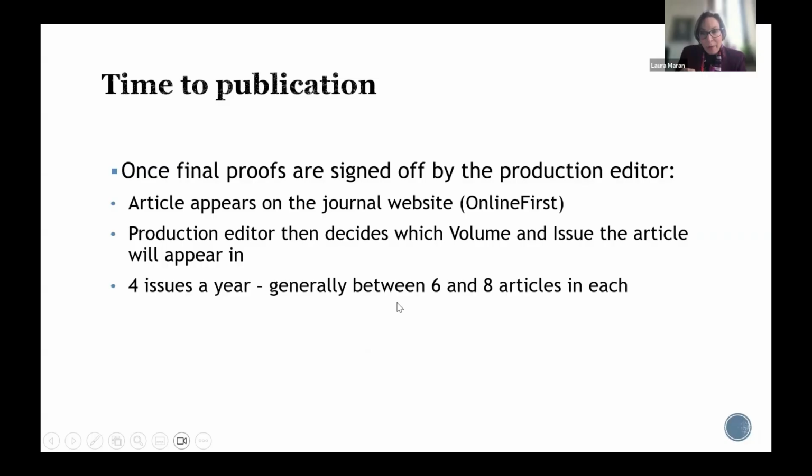As I said, in terms of time of publication, you need also to consider that this journal publishes 4 issues a year. Of these 4 issues, 1 or 2 can be special issues.